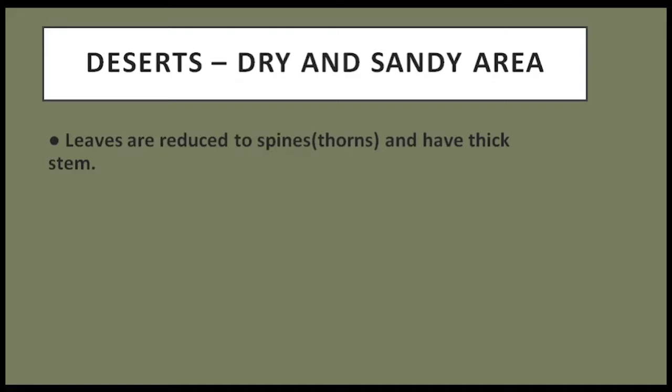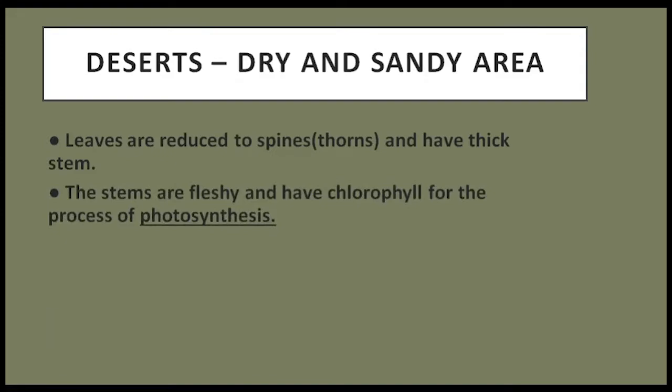Usually you find sand. The plants found here have leaves reduced to spines. The spines are nothing but thorns which you see, and they have a thick stem. The second one is that the stems are fleshy and have chlorophyll for the process of photosynthesis.